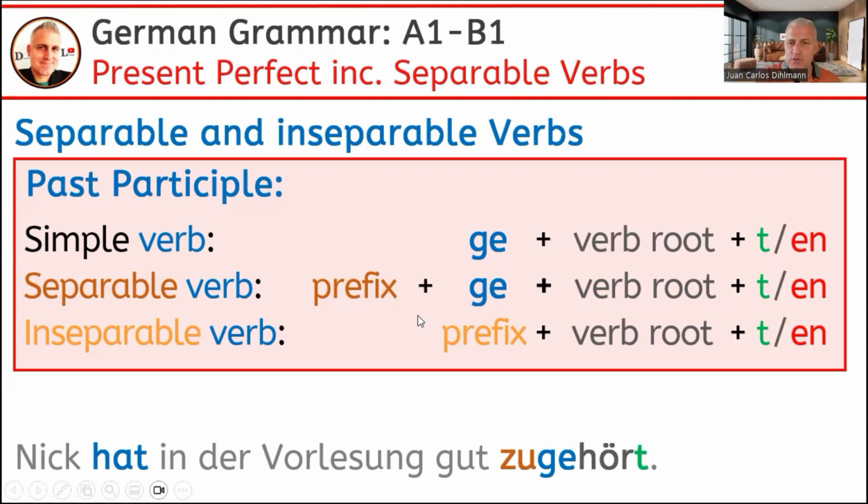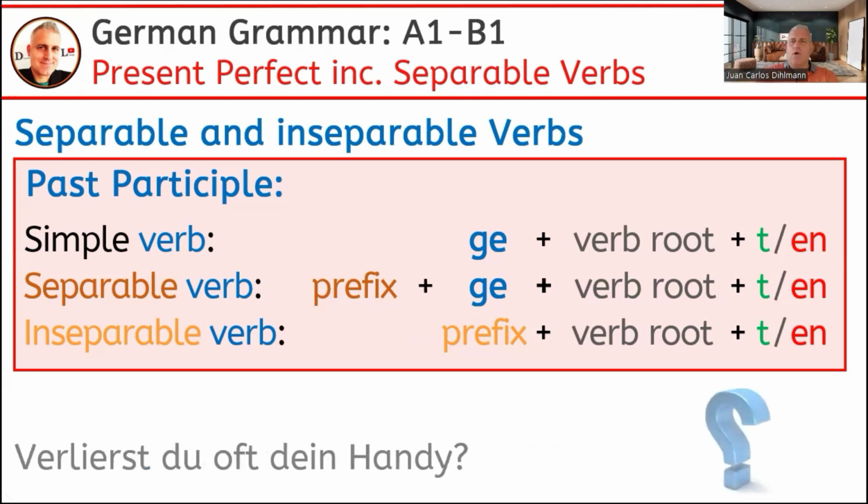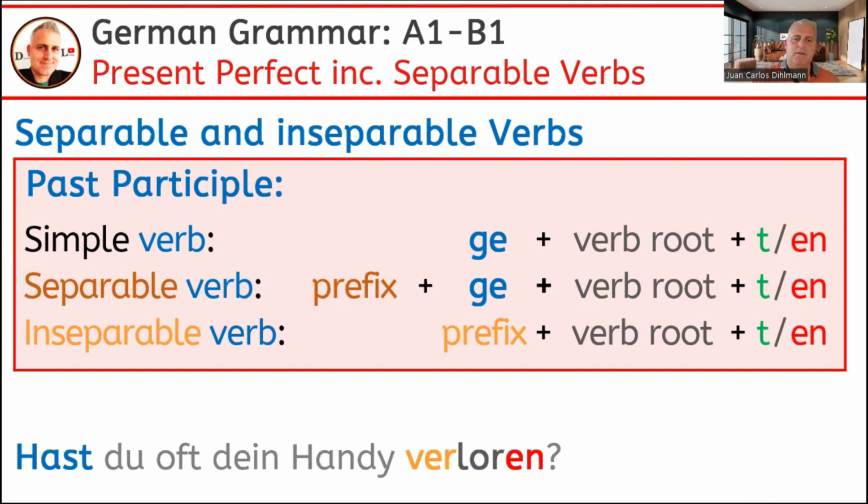Yeah, zu is the separable prefix. Then we have the ge, then the verb root hör plus t. So it's completely regular, but it's separable. Okay. Verlierst du oft dein Handy? Hast du oft dein Handy verloren? Inseparable.